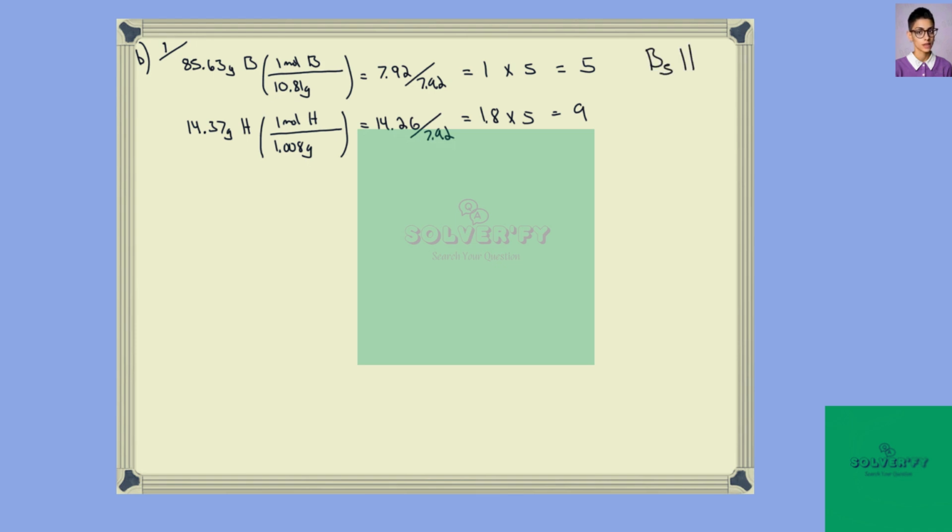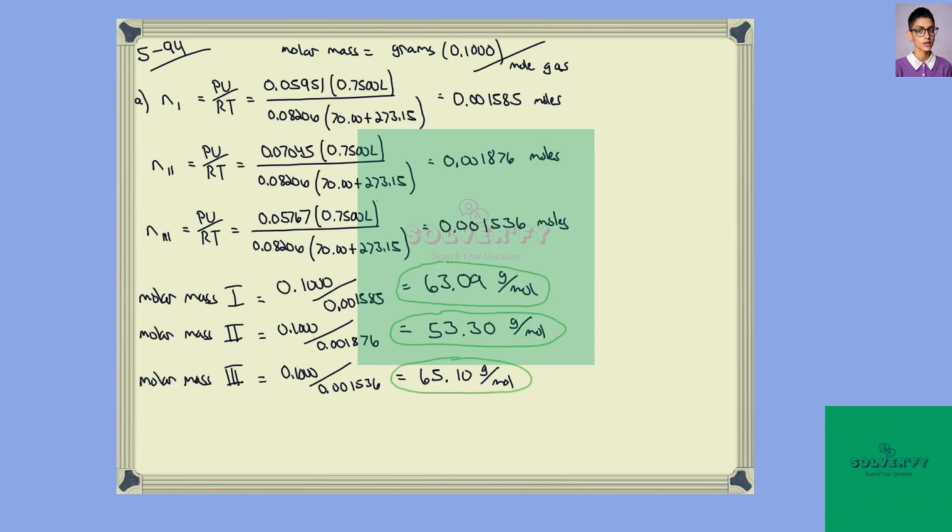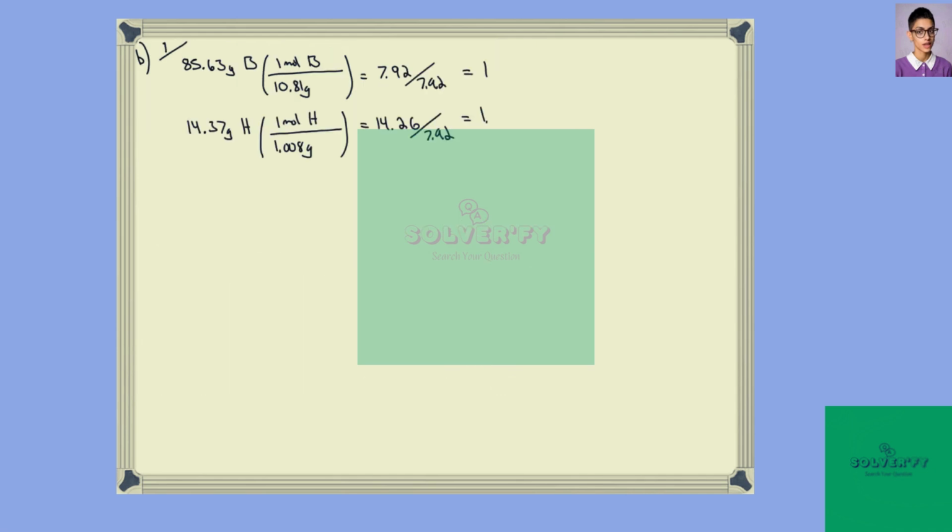So the empirical formula would be B5H9, and this would be its molecular formula if B5H9 has a molar mass of 63.09 that we determined earlier.